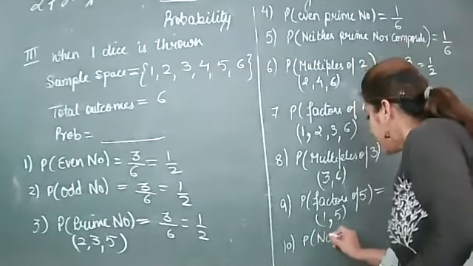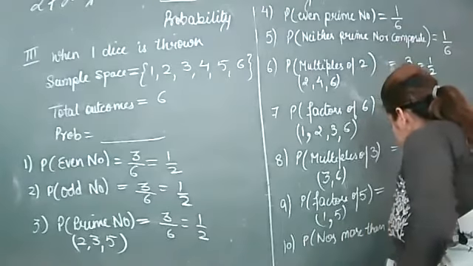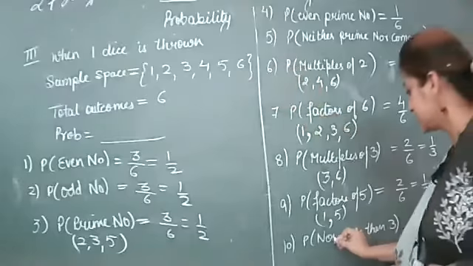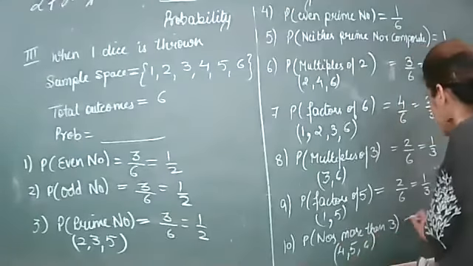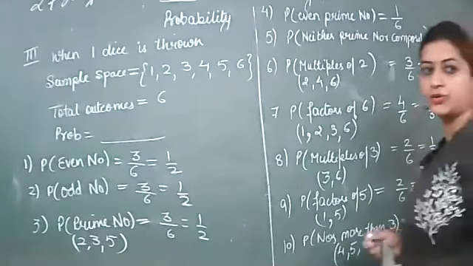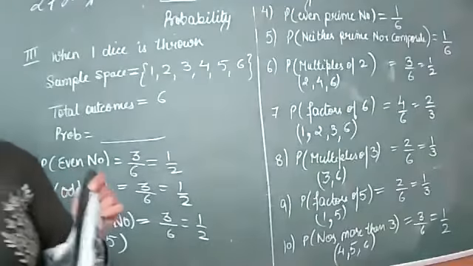Probability numbers more than 3. 4, 5, 6. 3/6, that is 1/2. Okay, so I am speaking few more parts, you please note it down.